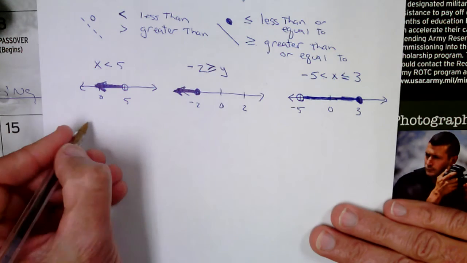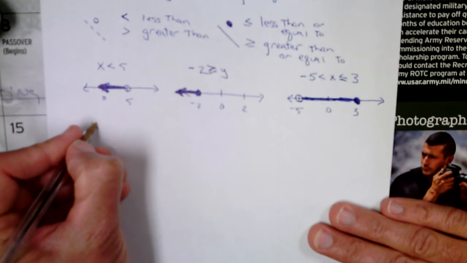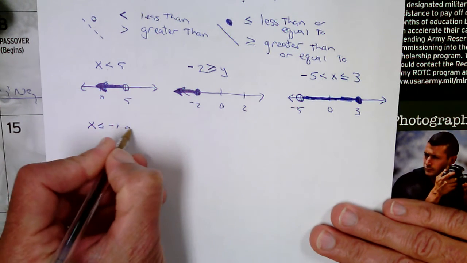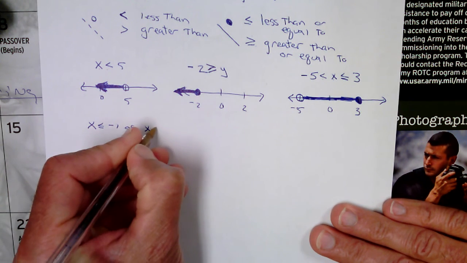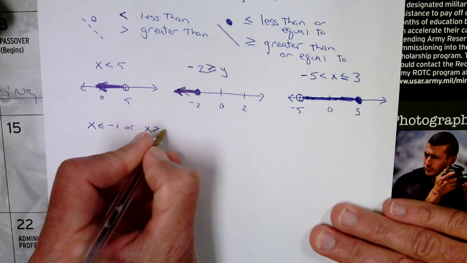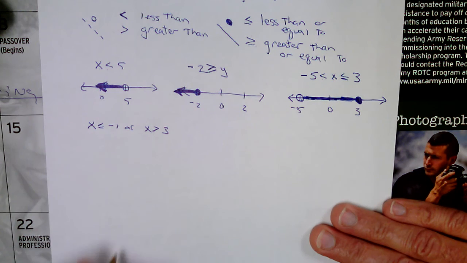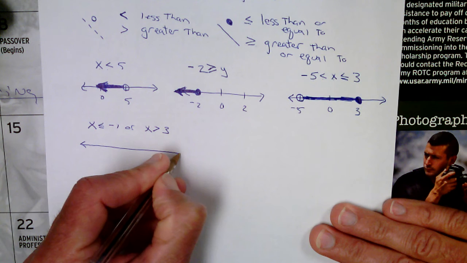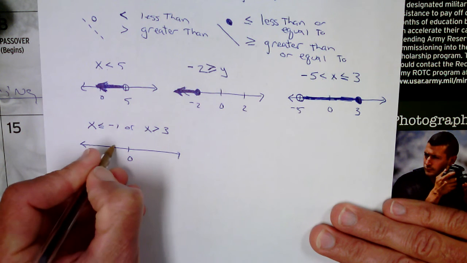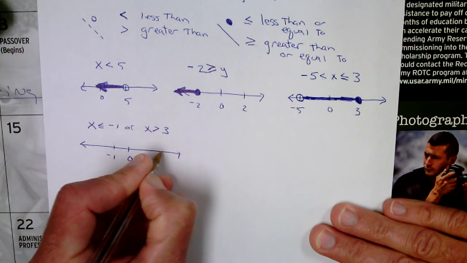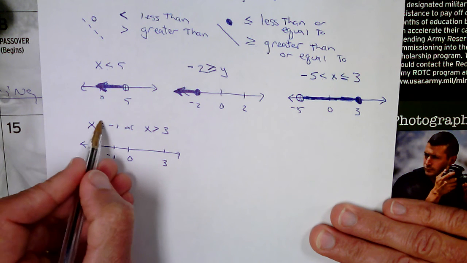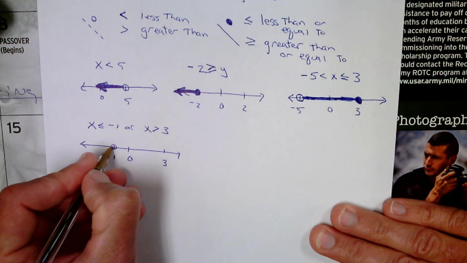One last option, we could have x is less than or equal to -1, or x is greater than 3. Let's do that. So in this case, I'm going to draw my number line, and I've got 0 and -1, and we'll put +3 up here. Again, closed circle because x is less than or equal to -1.